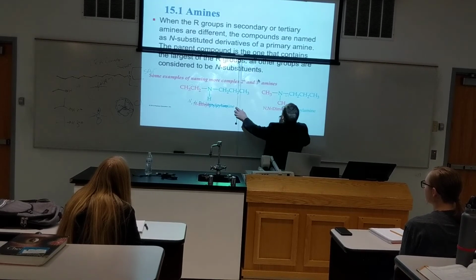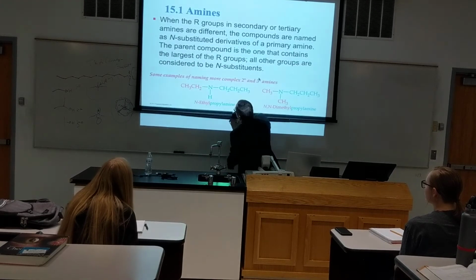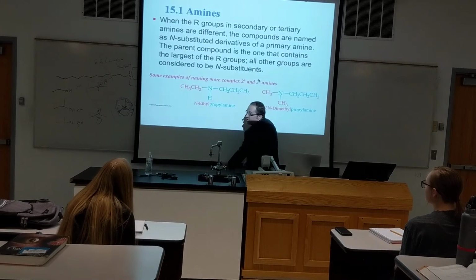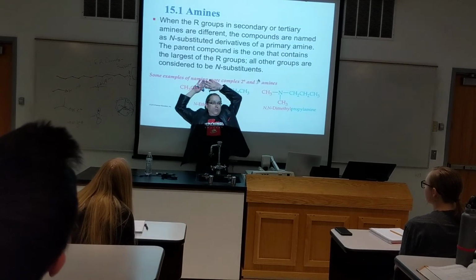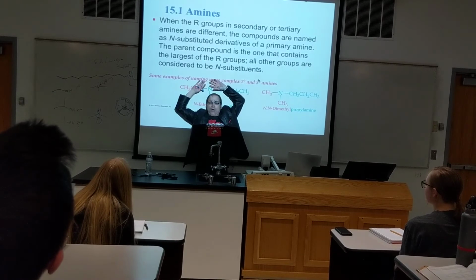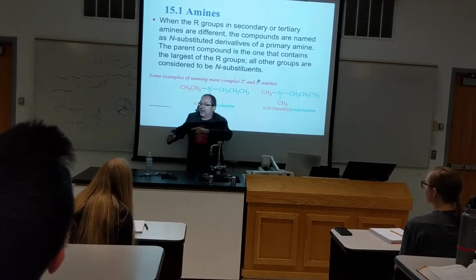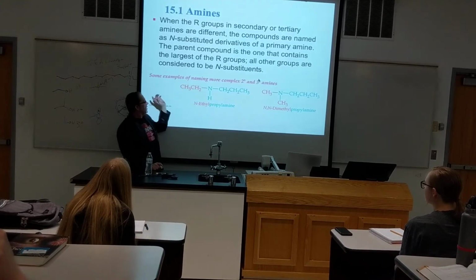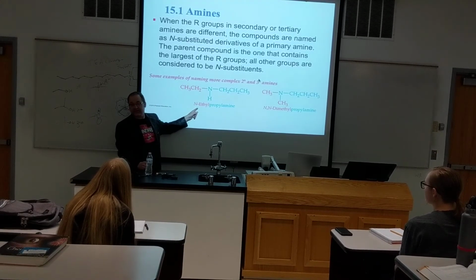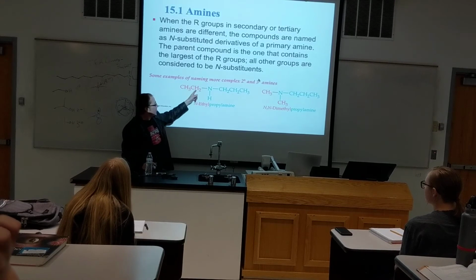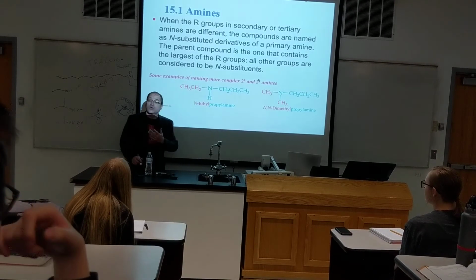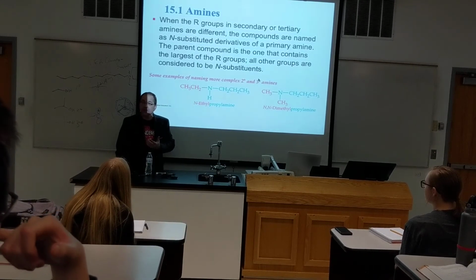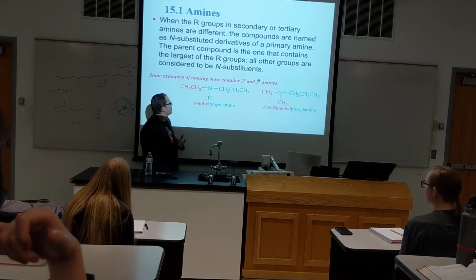So our groups that are secondary, tertiary, if they're different, what do you think we would do? Don't cheat. We would list them how? Alphabetically. There you go. So I have a propyl, I have an ethyl. Now see here, now we're using it. See? N-ethyl propylamine. So here's what we did. Longest continuing chain that bears a function group of highest priority.